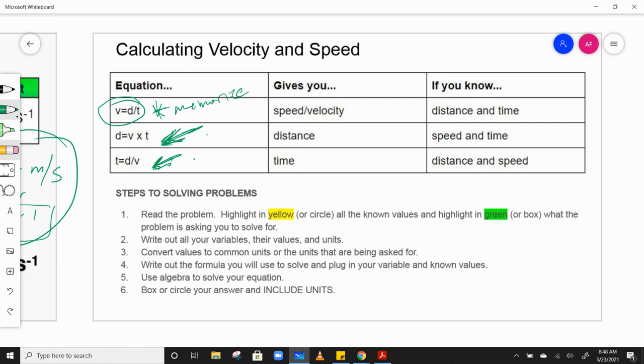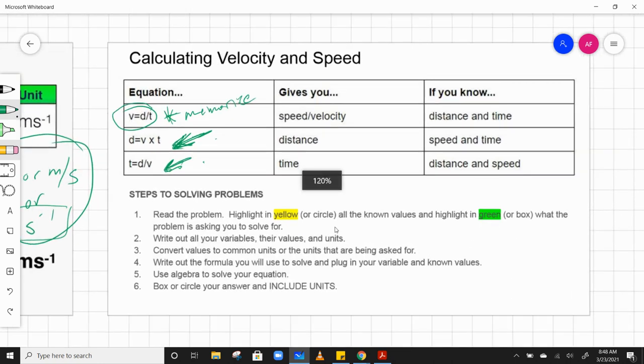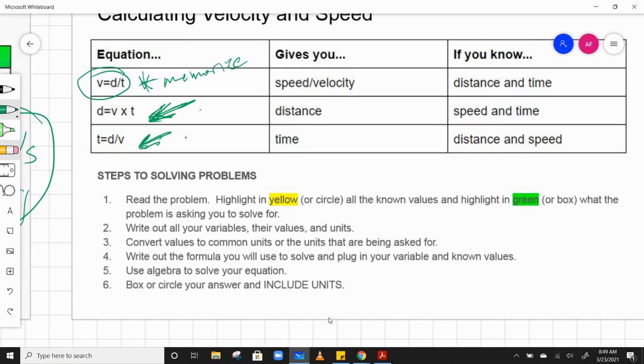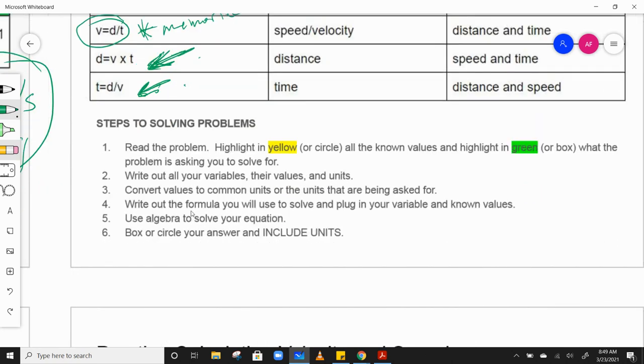Okay. Now, when I solve these problems, I highlight in yellow or circle all the known variables, and highlight in green or box where the problem is asking to solve. Then I'm going to write out the variables, their values in units. I'm going to convert any values to common units that I need to, so that all the units are the same. Then I'm going to write out the formula, so this v equals d over t, and solve for the variable that I'm looking for.